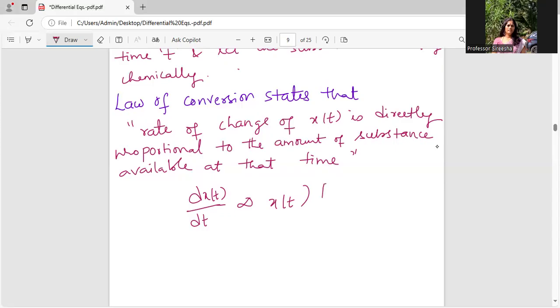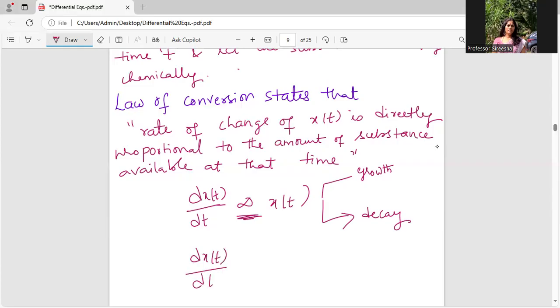Now here come two different things: if it is growth there's a slight change, and if there is a decay there is a slight change. Obviously I can't handle this proportionality symbol. If there is an equality symbol, I can handle it.